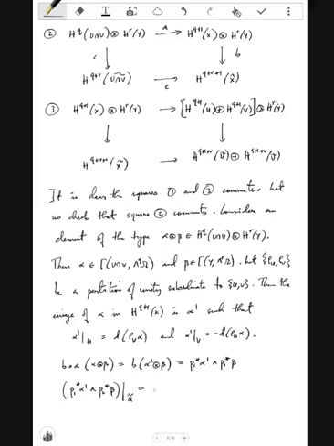This is equal to p1 upper star alpha prime restricted to U tilde wedge p2 upper star beta, which is equal to p1 upper star of alpha prime restricted to U wedge p2 upper star beta.